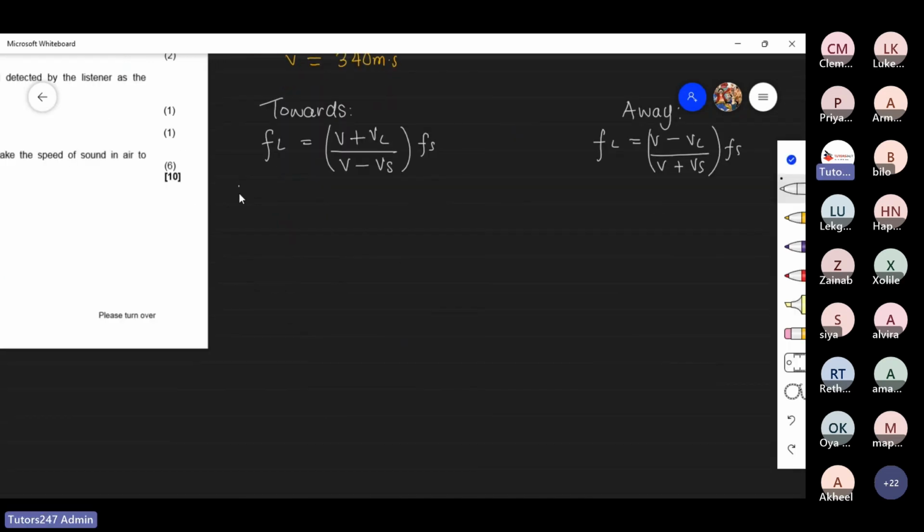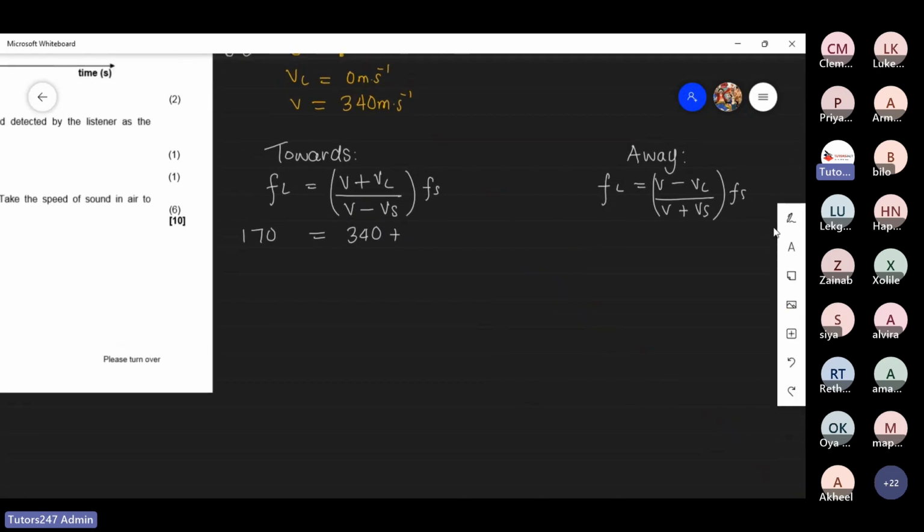So we substitute: 170 equals, we were told that V is 340, plus the velocity of our listener, which is 0, all over 340 minus the velocity of our source, the police car. That is what we are trying to calculate. So that is our first equation.